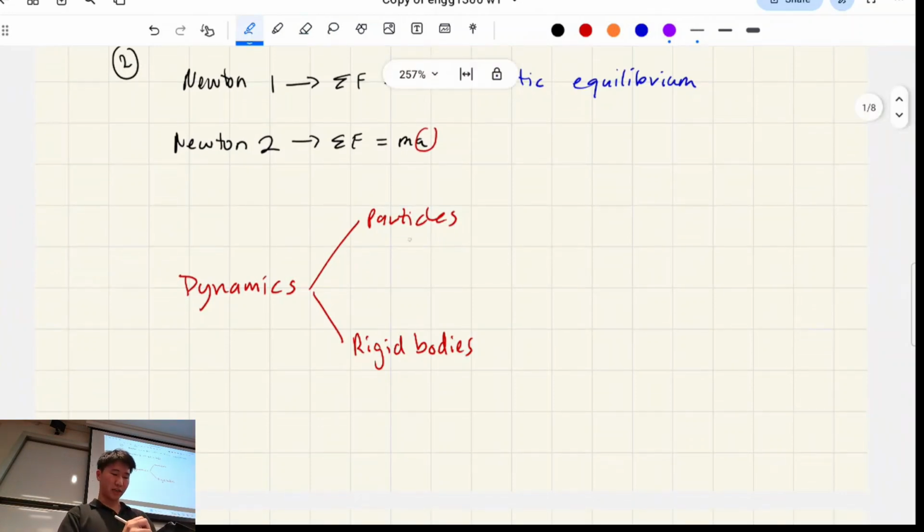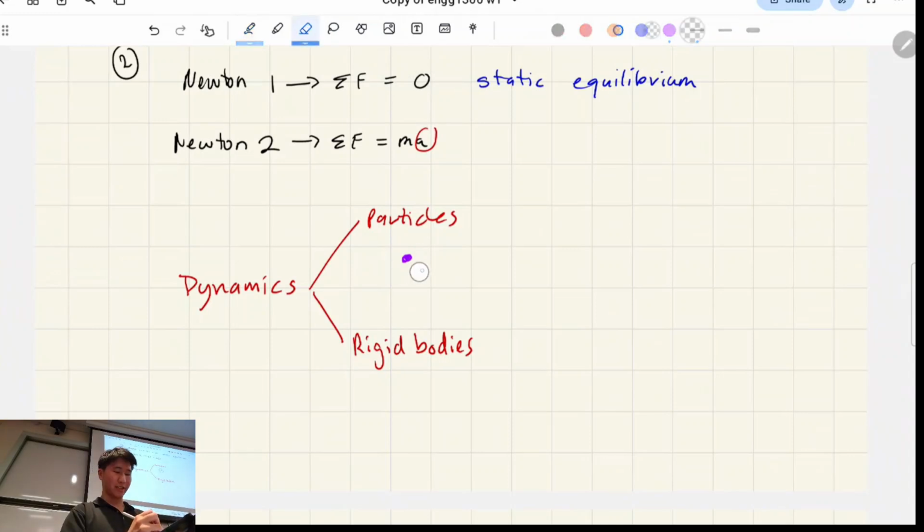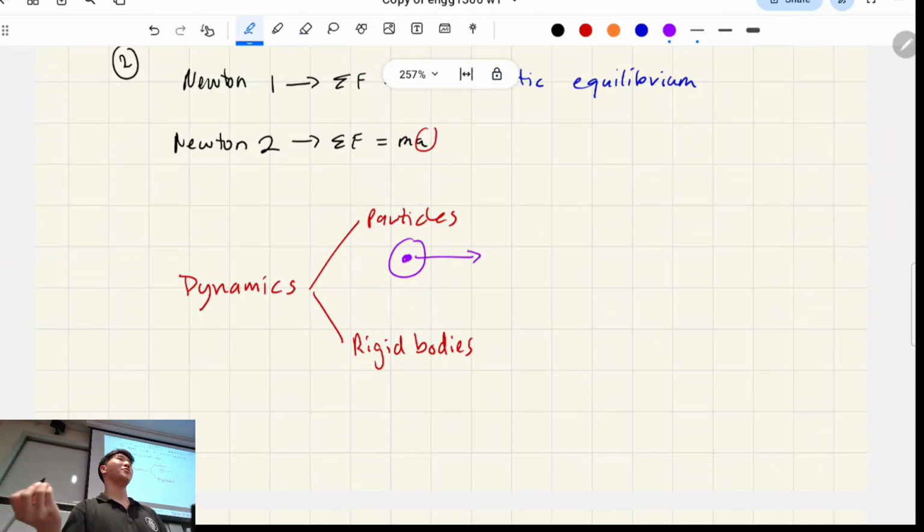So particles, you pretend everything happens off of the center of gravity of a body. You can pretend this is like a billiard ball or a pool ball, and all of your calculations will just be based off of its center of mass, so just the middle. And that could be moving, that could be doing whatever in that question.